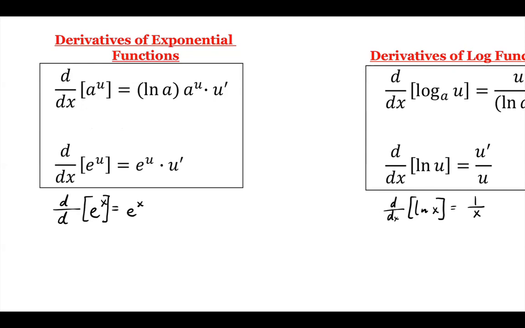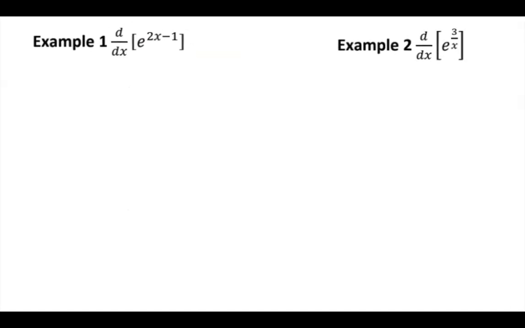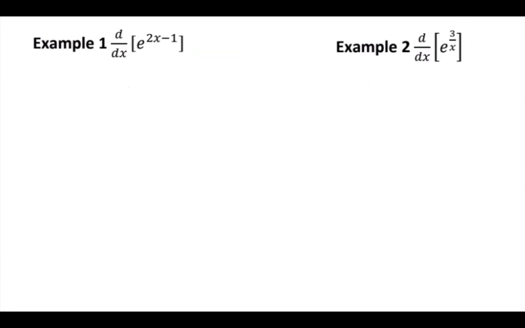Okay. So let's go back here. So if I'm finding the derivative of this guy, okay, it repeats itself. So it's going to repeat e to the 2x minus 1 times, and then you're going to take the derivative of the power.